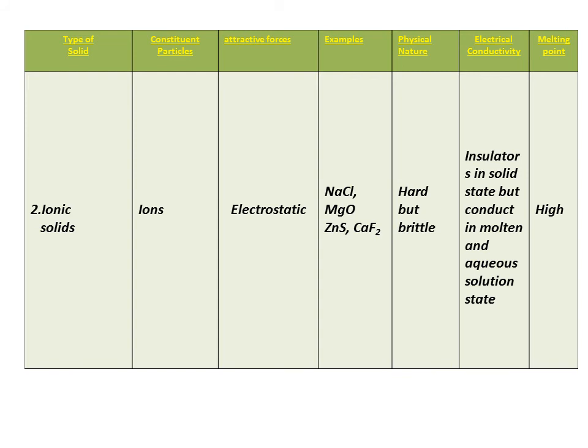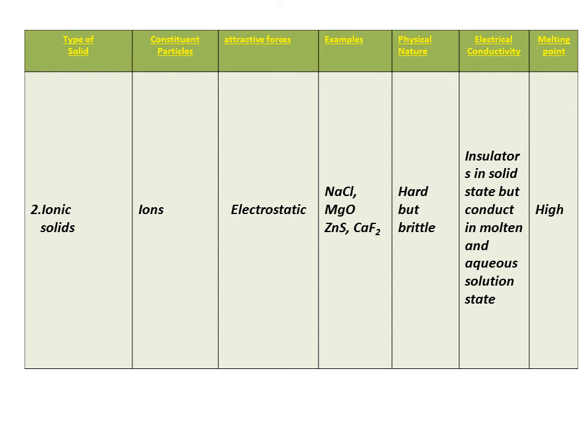Dear student, try to understand. Ionic solids are made up of ions. They are hard because the type of force is electrostatic force, a strong force, therefore the substance is hard. It is an insulator in solid state, because in the solid state the ions are held by electrostatic force.